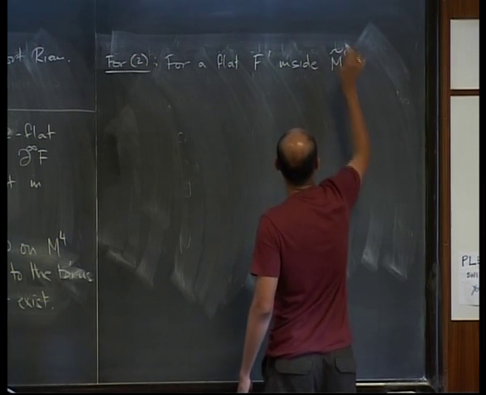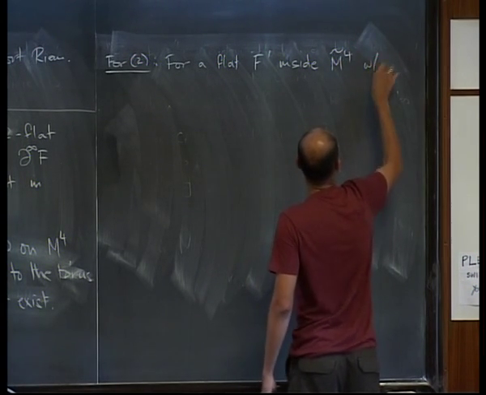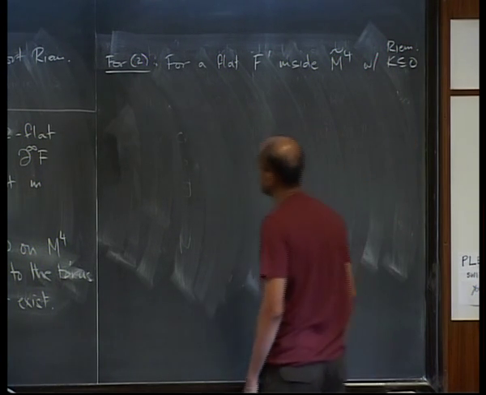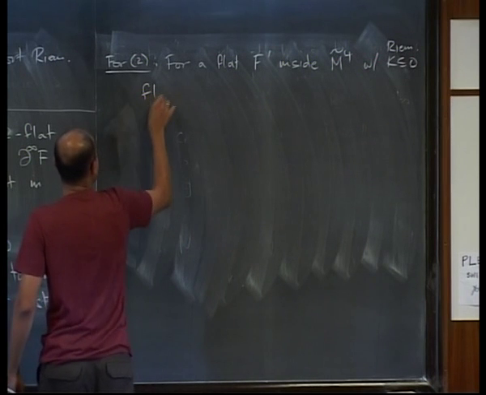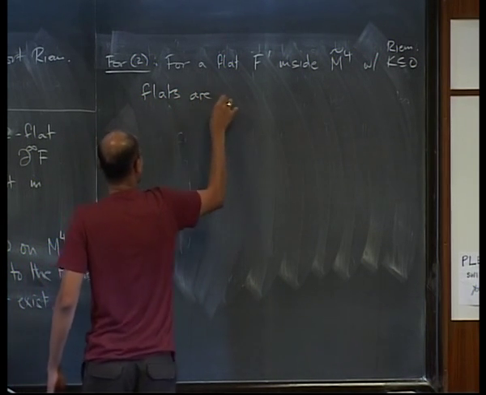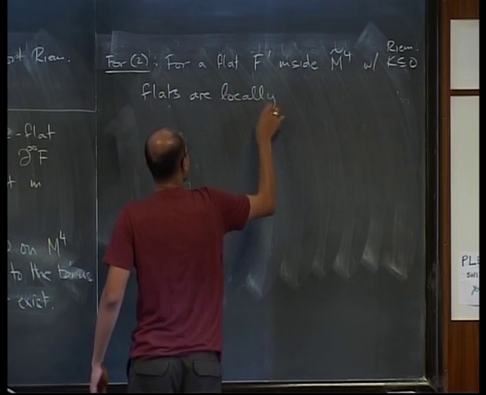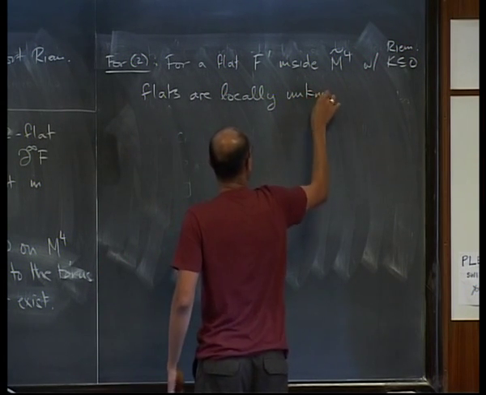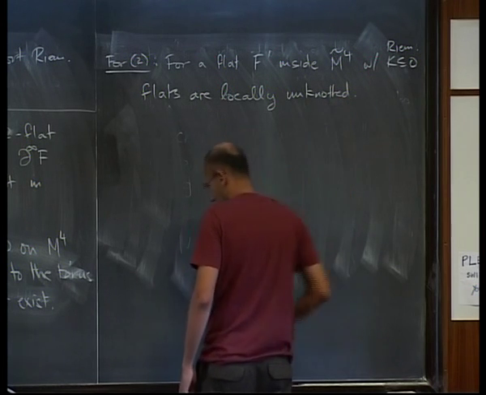So, well, M4 tilde, with sectional curvature non-positive, Riemannian metric, flats are locally unknotted. Right.